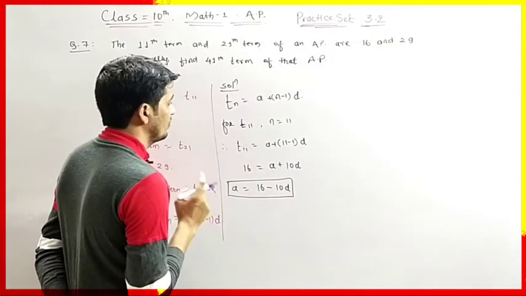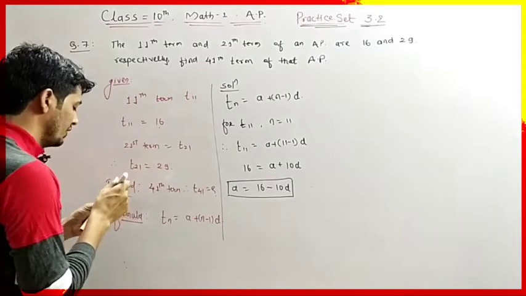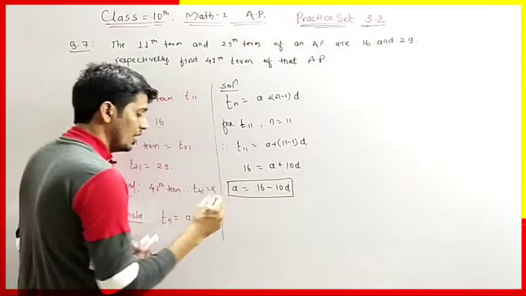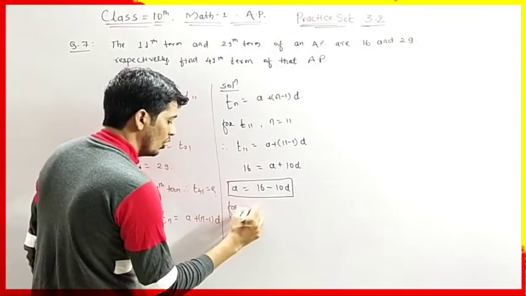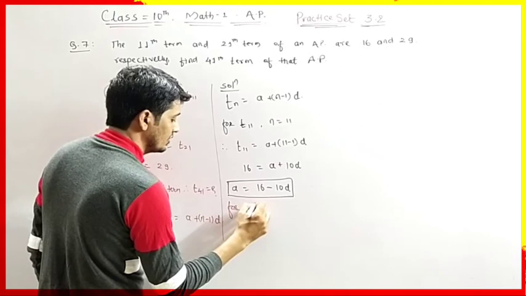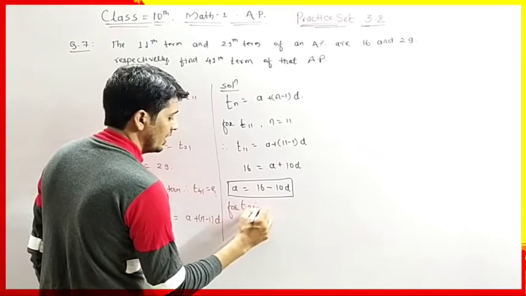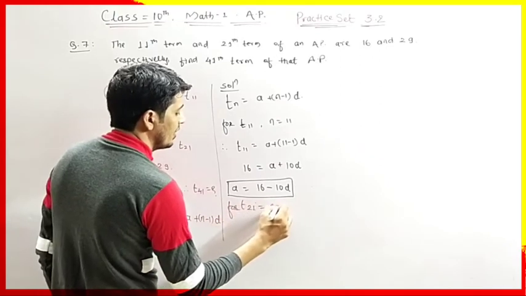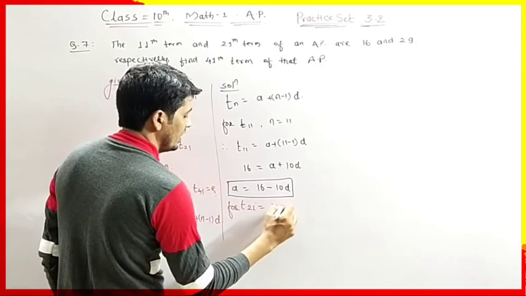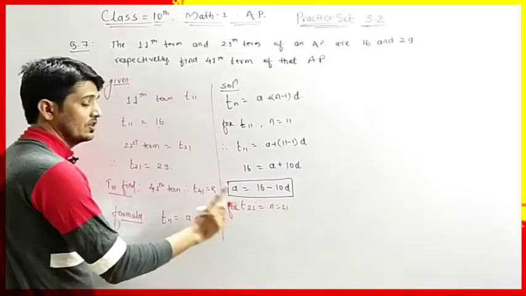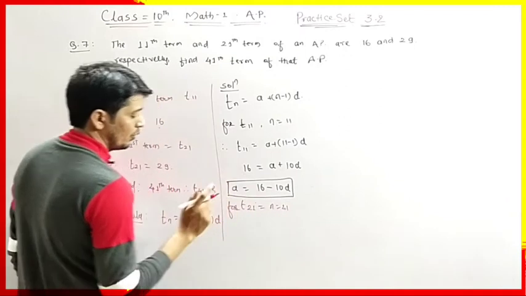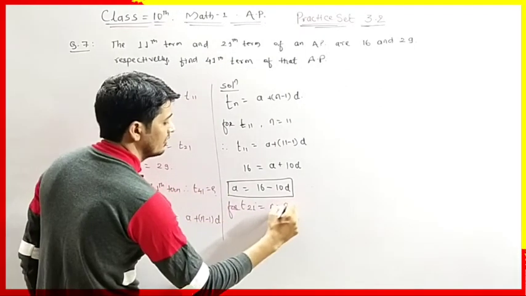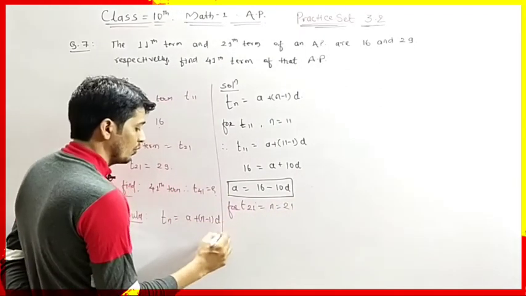Now we have to find for the 21st term. For T21, n equals 21. For the 21st term, n equals 21. Therefore, what is the formula?